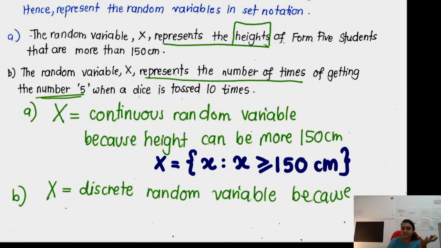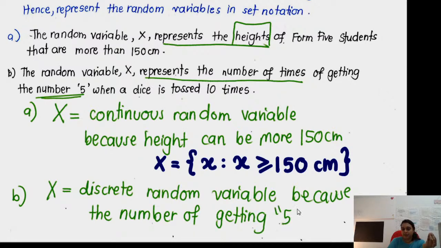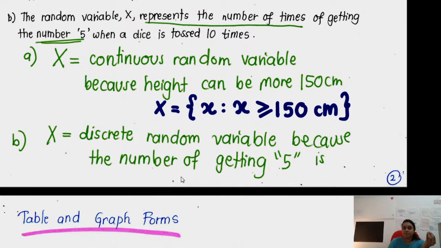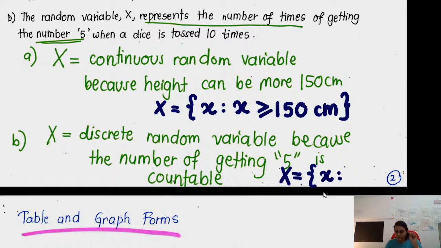What's the reason we say so? We want to get number 5, isn't it? The number of getting 5 is countable. We can count, because it's 10 times only we want to count. So therefore we know how it works. Okay, so how to write the set notation? X equals curly bracket X double dot.